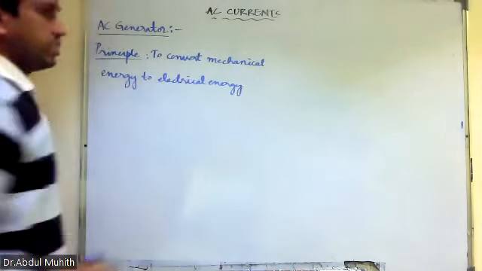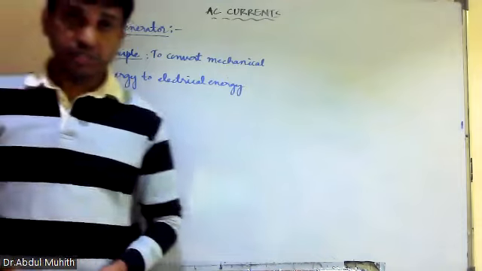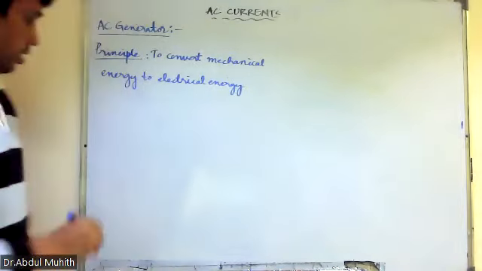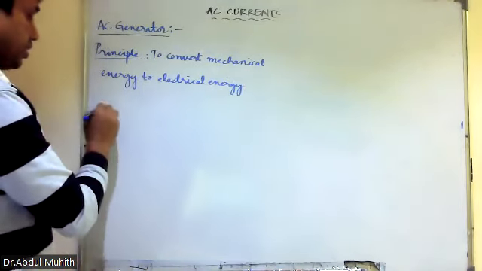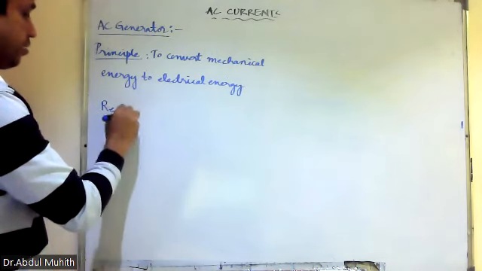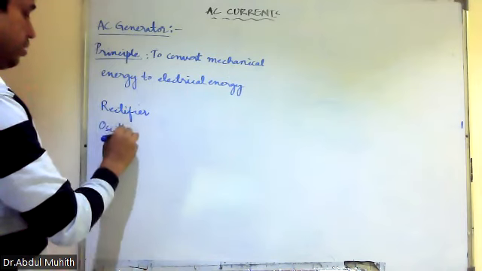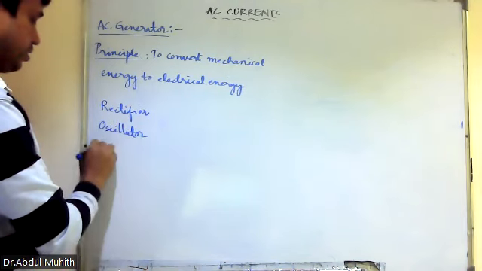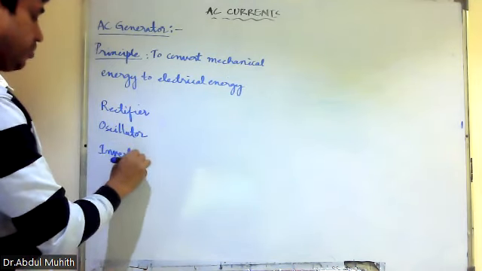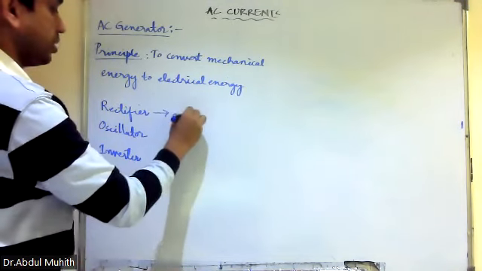That is, DC to AC is inverter. See, we should be clear with these things. One is rectifier, one is oscillator, one is inverter. Rectifier means it is converting AC to DC.